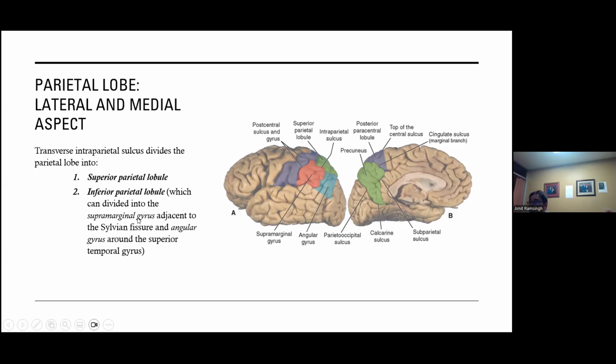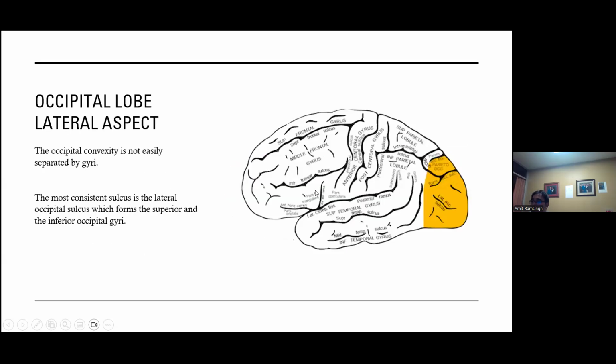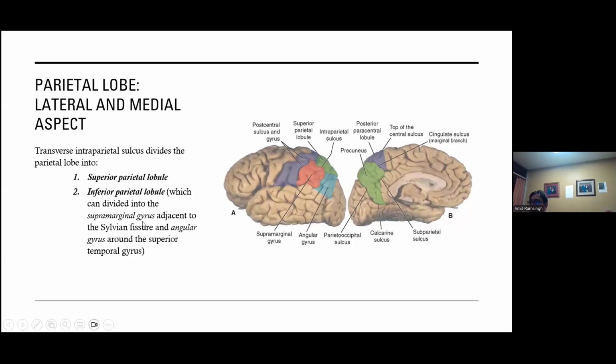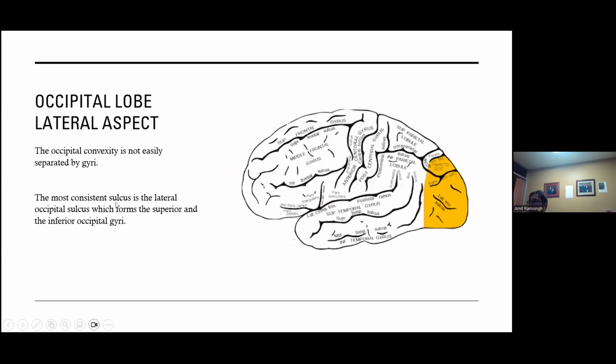You have a supramarginal gyrus, which is right there in the red, which lies just adjacent to the sylvian fissure, and an angular gyrus wrapping around almost the superior temporal gyrus right there. Those are quite important areas, as we will see later, in that they form a key part of the primary somatosensory cortex.